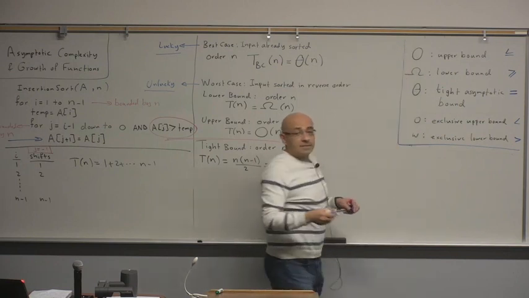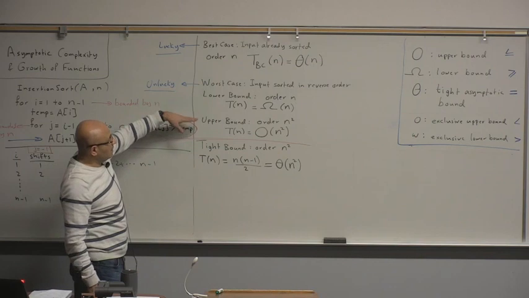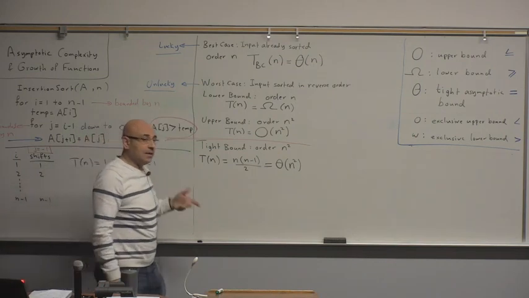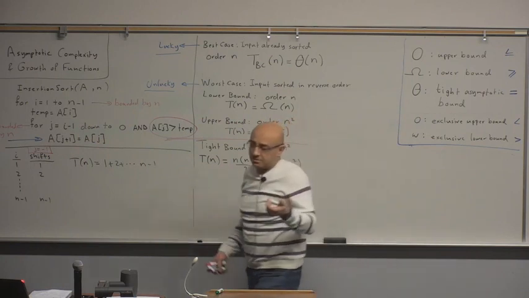Now the point is, we can use these asymptotic notations to express the running time of algorithms, but we can also use them to compare functions.